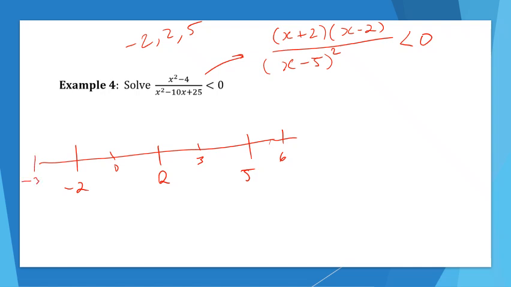Once we have this, we know 5 is in the denominator, but all 3 of these should be open circles because there's no underline. So no underline, no closed circles. So all 3 are open here. Now just testing points. I like to test it into the factored form just because it's a lot easier for me.